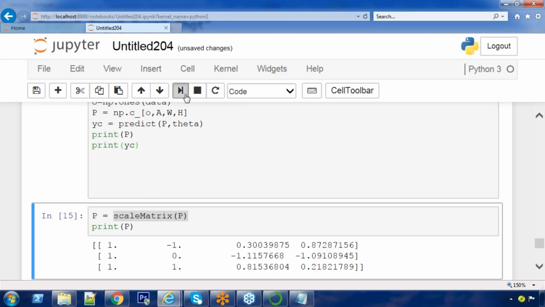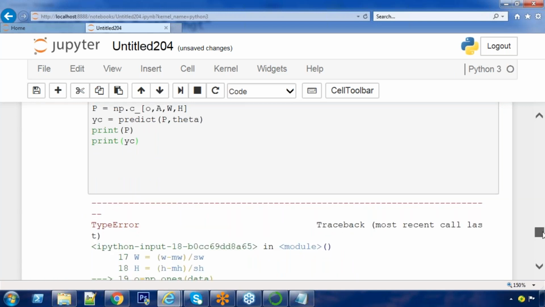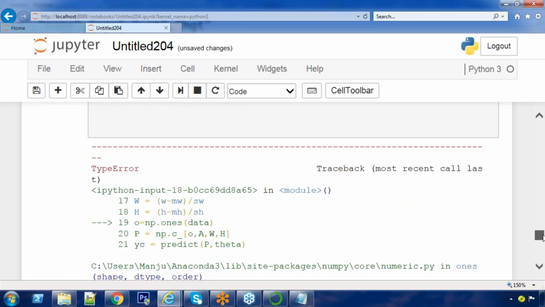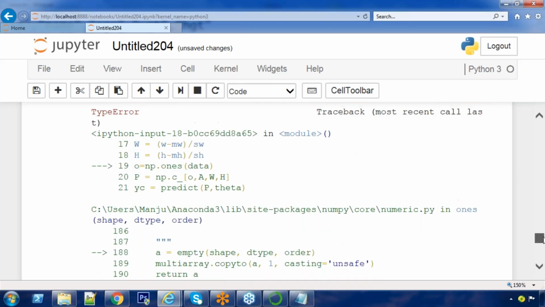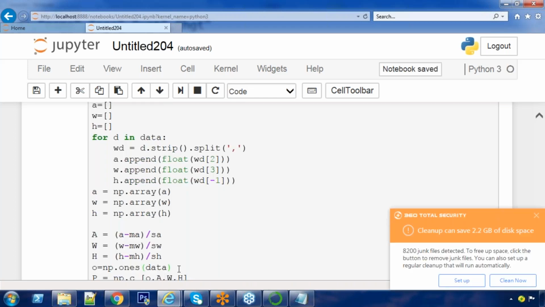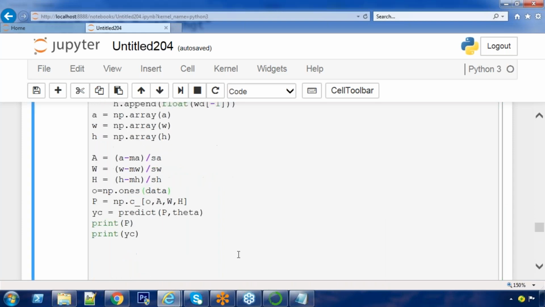Now you check. NP dot ones of len of data, sir. Data is a list, right? For np dot ones, we need a number. Here you just observe.